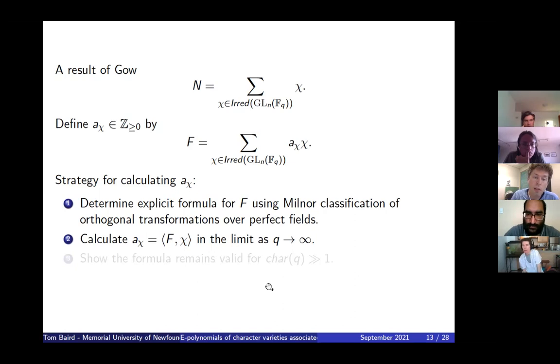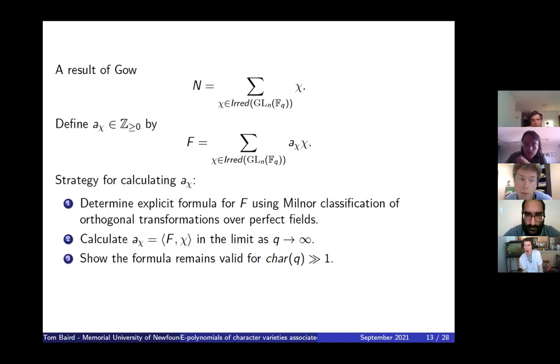So you calculate the multiplicity in the limit when q goes to infinity. Then you have to show that this is a valid process, that the value you get remains valid for sufficiently large characteristic. What I'm doing here is a little bit fishy, and you have to do some work to justify it, but that's essentially how the argument goes.